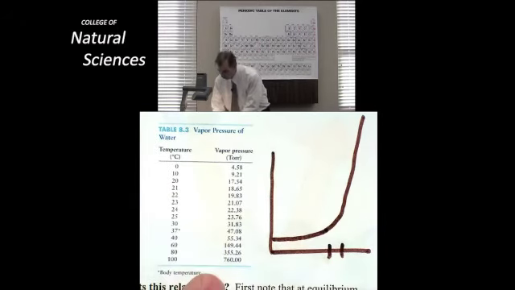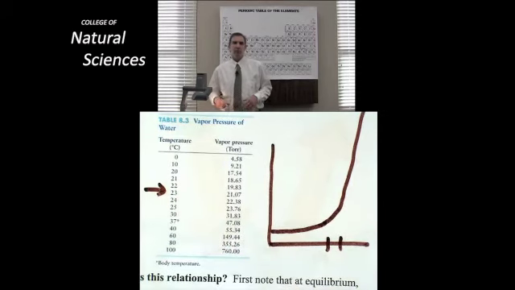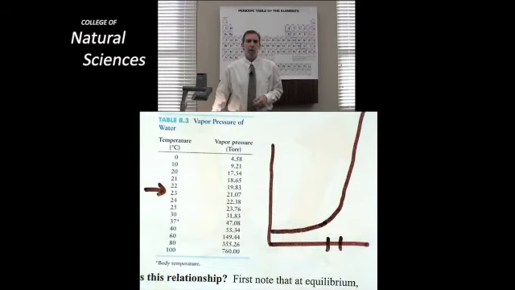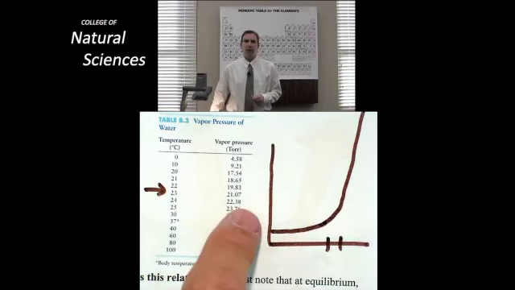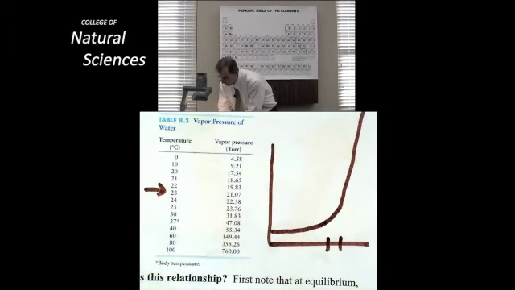It's showing us that at room temperature, down here around 21, 22, 23 degrees, there's not much vapor pressure. There's not much of a head for the vapor pressure of water because of all that hydrogen bonding. It's also showing us something that we can go, oh yeah, that's right.